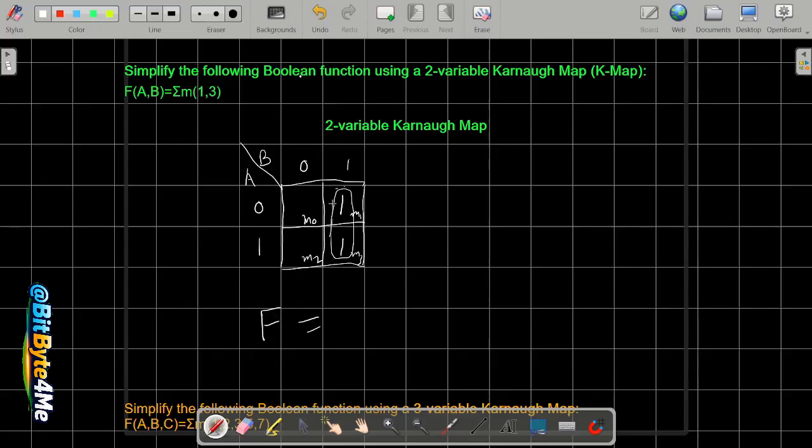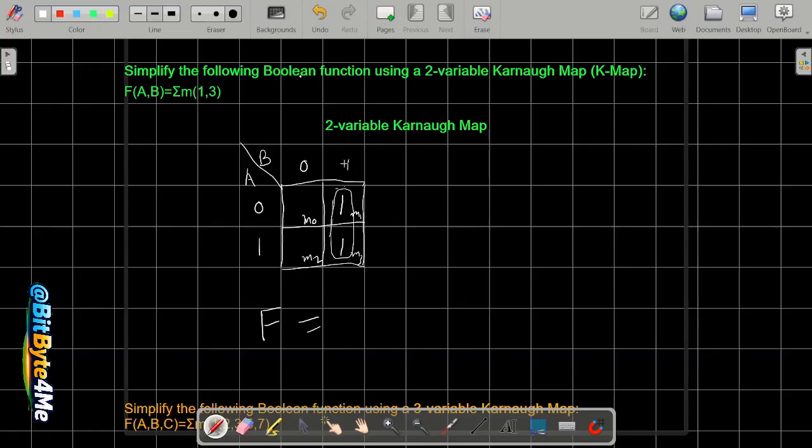If we look at this pair, we see the value of a for this pair changes from 0 to 1, so it is not constant, so the a variable will not come in this final Boolean function. In this case we see that both these values have a common value of b, that is 1. So 1 is common to this and common to this.